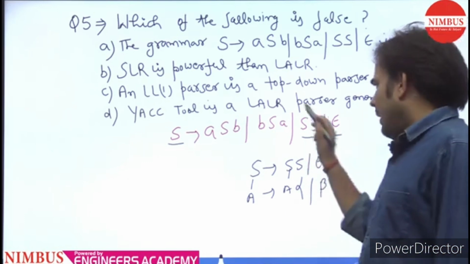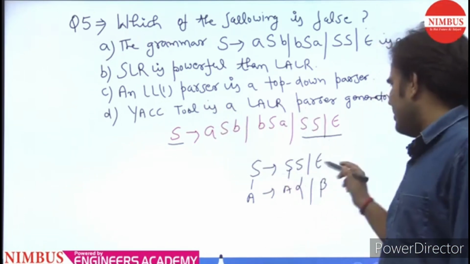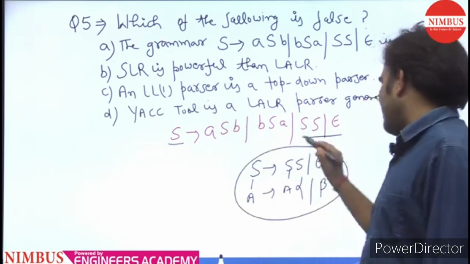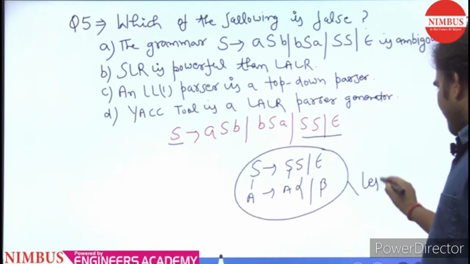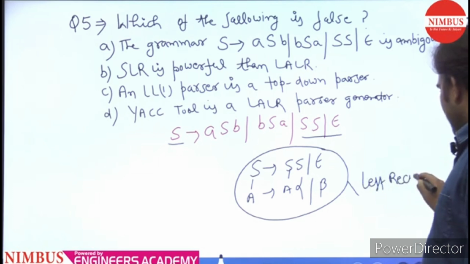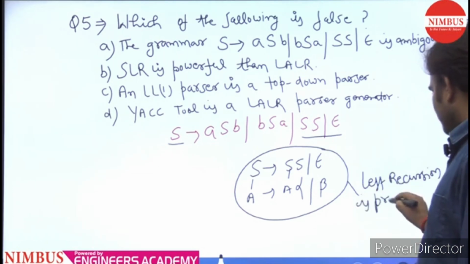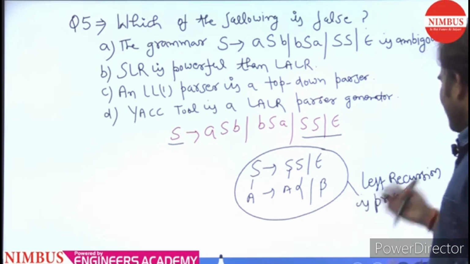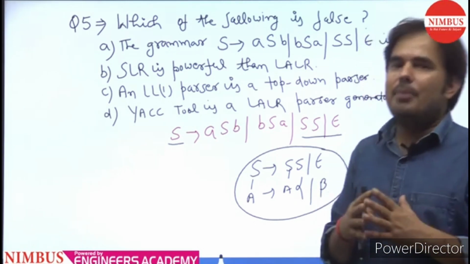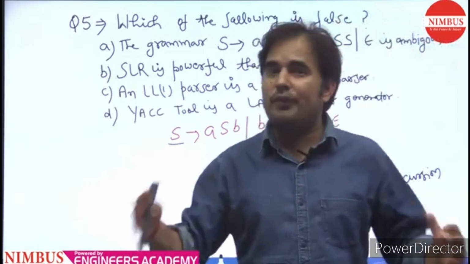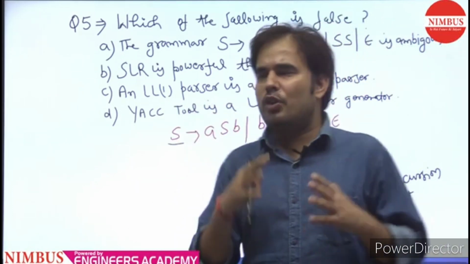So yes, in the given grammar left recursion is present, and the grammar in which left recursion is present is always ambiguous.